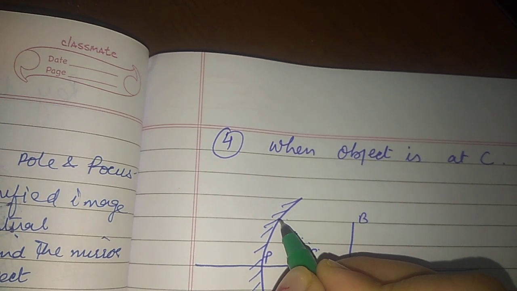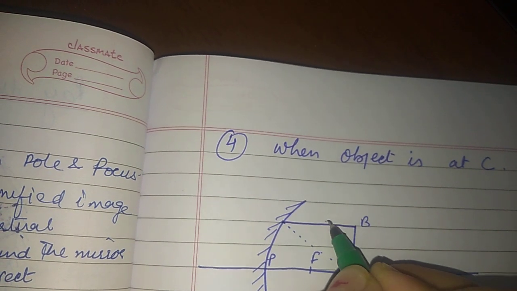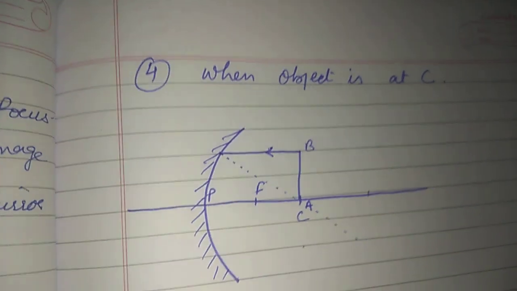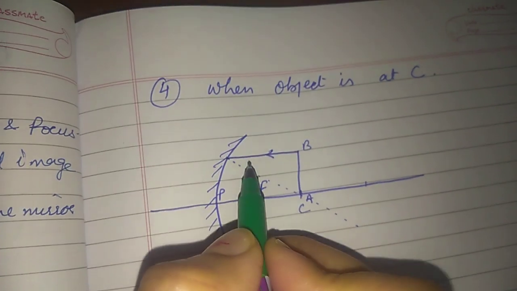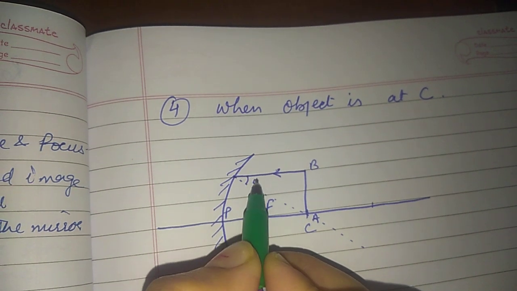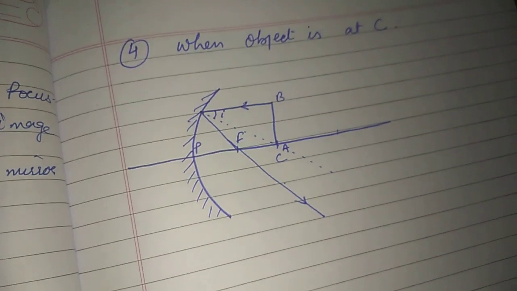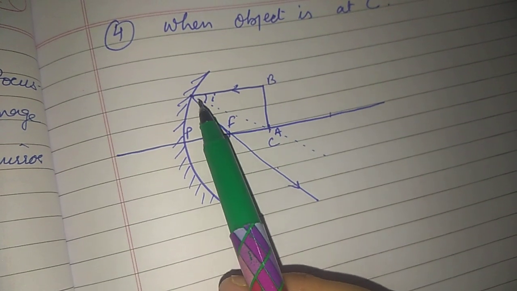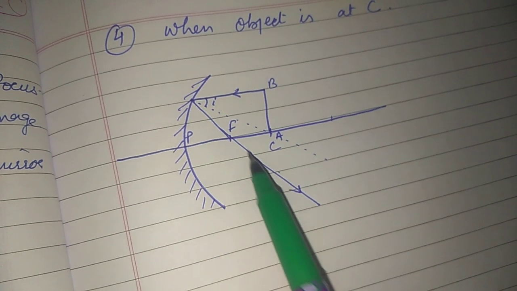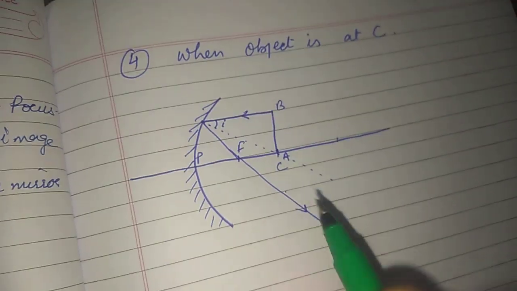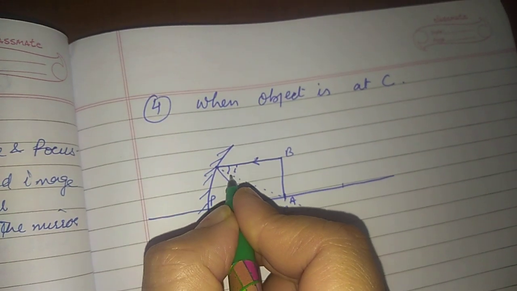We are going to consider one ray which is parallel to principal axis, and you see after striking with the mirror, the ray will make same angle of reflection. So the ray after striking with the mirror will pass through the focus.